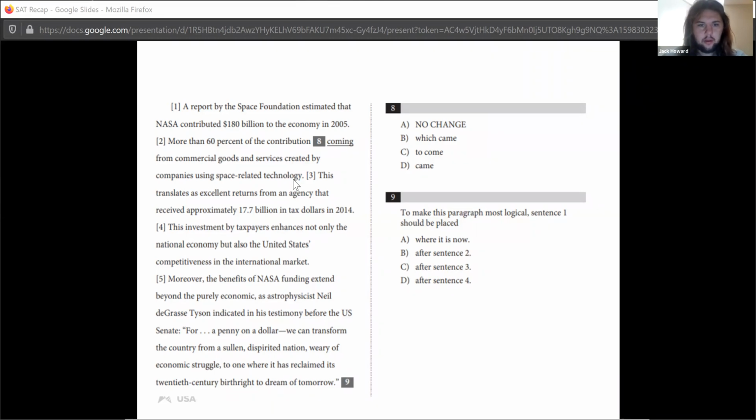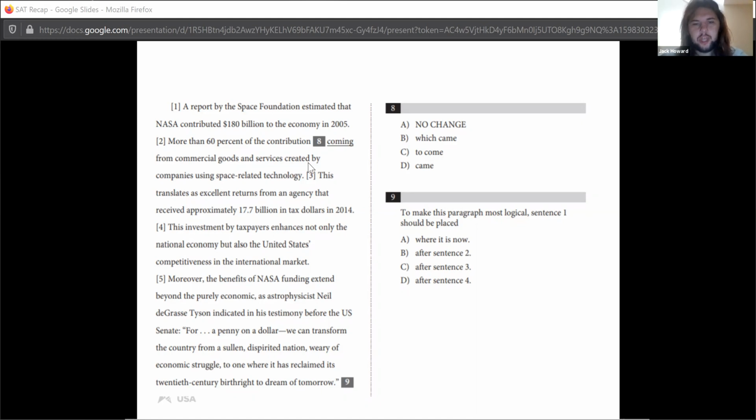There is a verb, created, but that doesn't actually count as a predicate within the sentence, because created is in this case used as just an adjective. It's describing the services. You need came, because it is the only option that actually would make this a sentence with a subject and a verb.